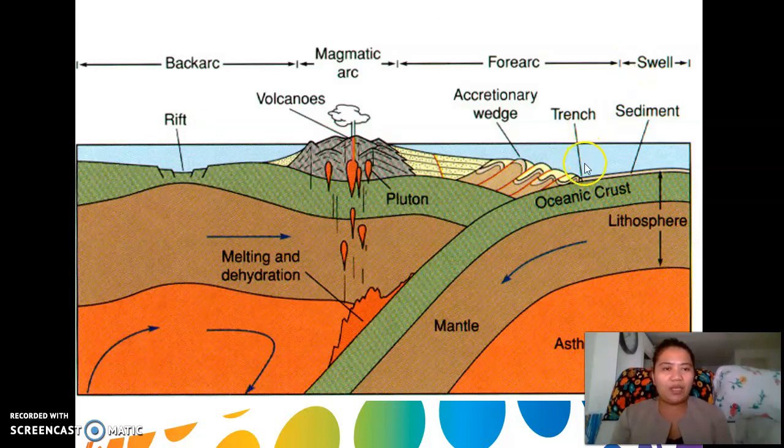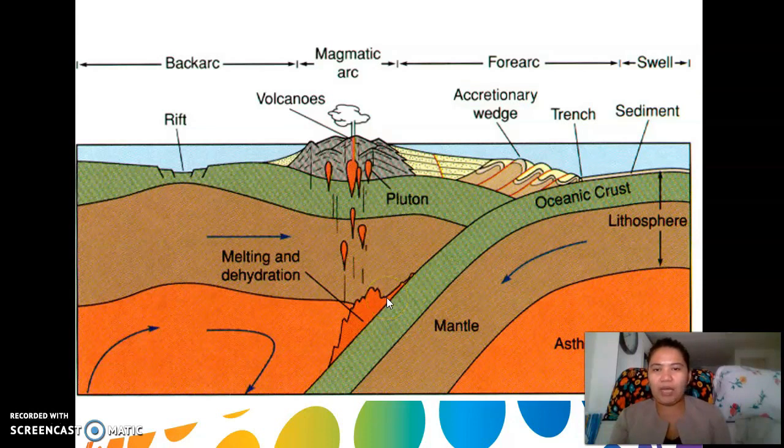Now, you have here the trench formed, and then you have the accretionary wedge. These are materials formed as an effect of the overriding of one plate atop the other plate, which is subducting. Okay? Now, this part is referred to as the forearc. This one is the magmatic area, wherein there is an intensive release of magma as an effect of the release of heat.